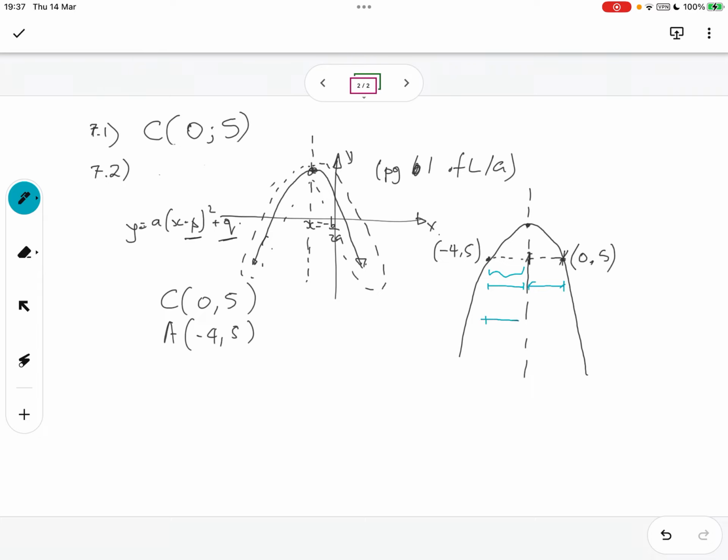Now, if that is the case, we know that the entire distance is 4 units long.